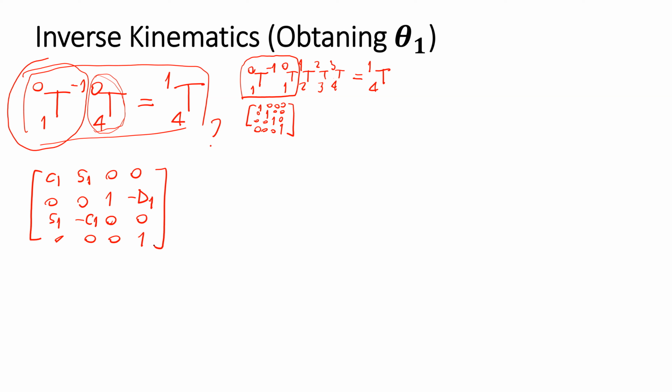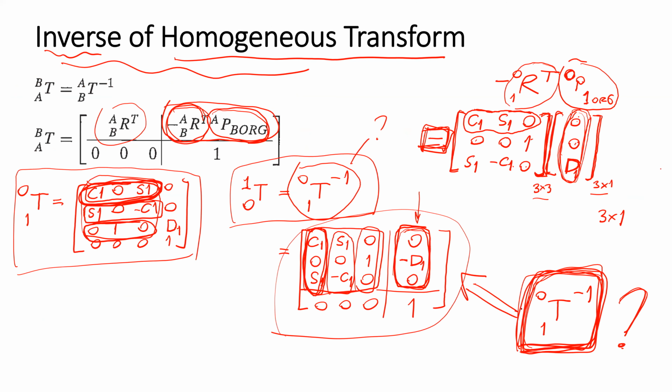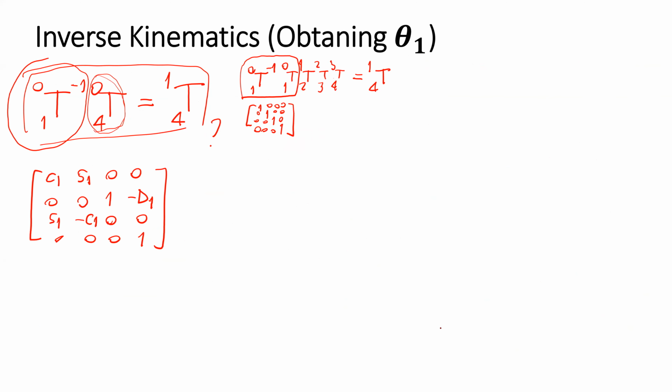This one is the inverse of the first link homogeneous transform.